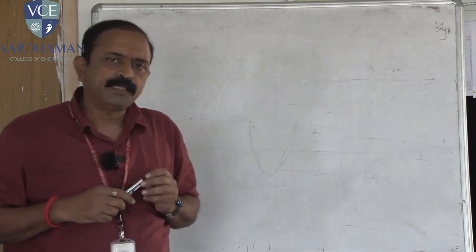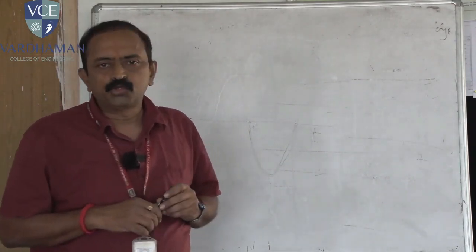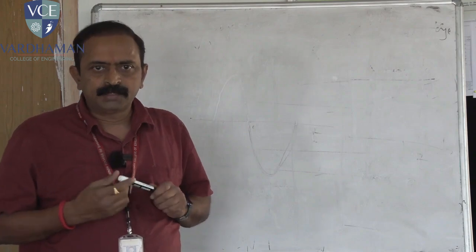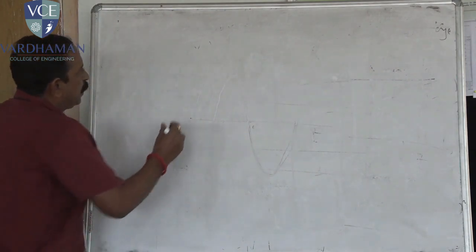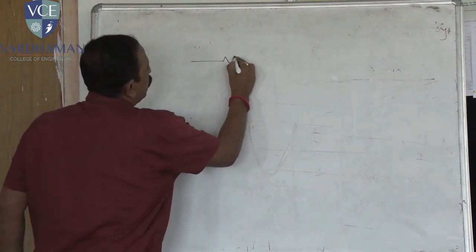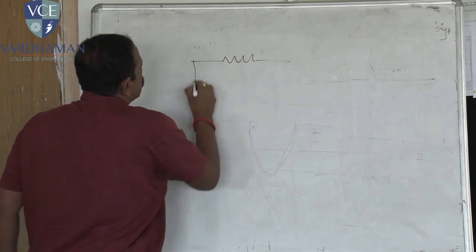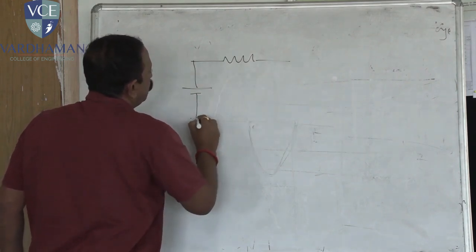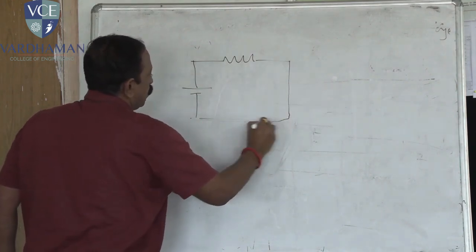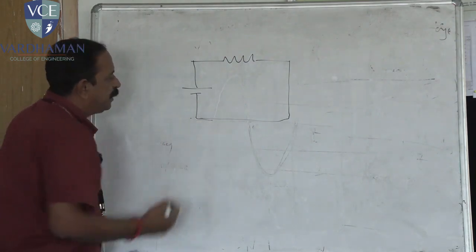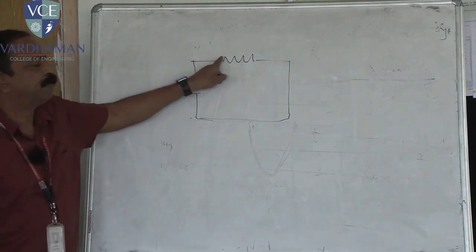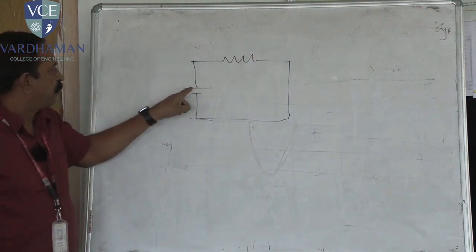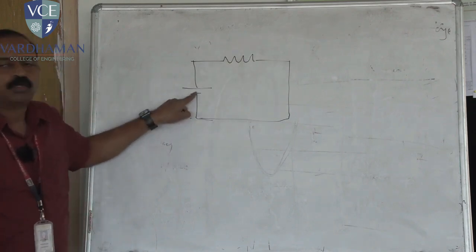The best way is everyone should wear leather shoes, because for the flow of current a circuit needs to be closed. The circuit comprises some passive elements and active elements and is closed. Only when it is closed is there a possibility of current flow from higher potential to lower potential.